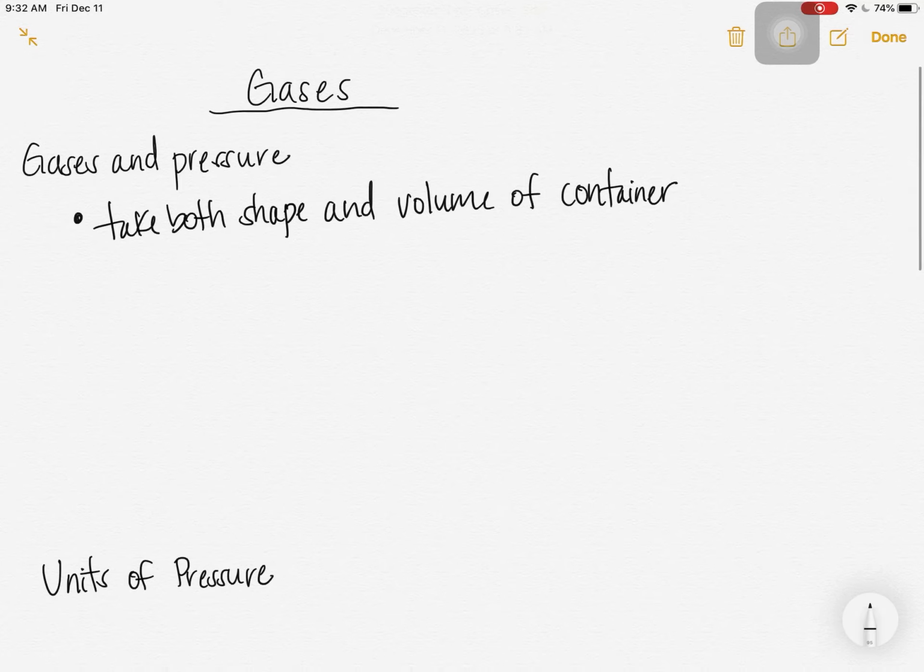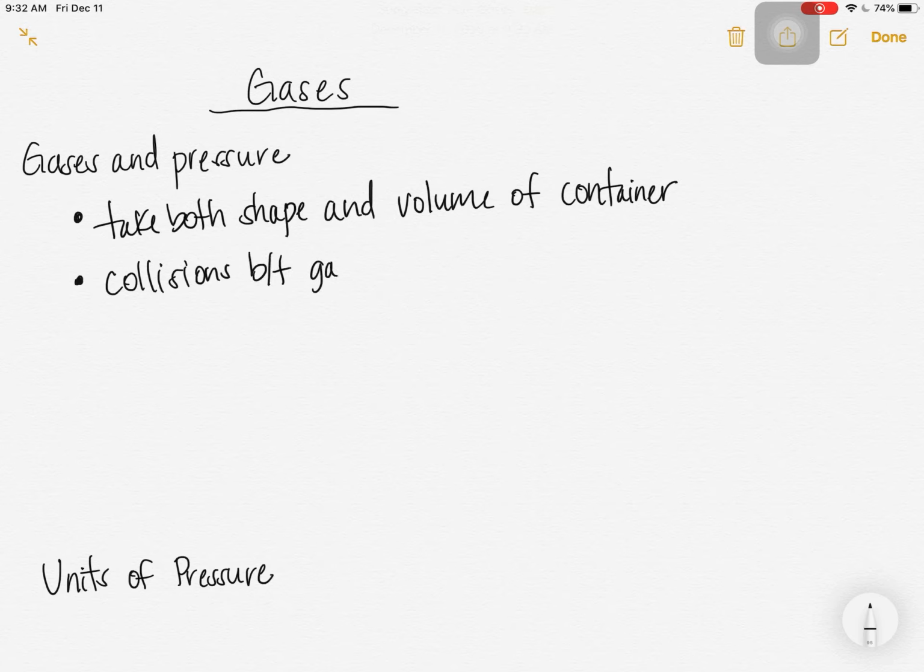So when you have gases, you have lots of particles moving around, and the big deal is that collisions between those particles create pressure. Okay, and this is a huge deal.